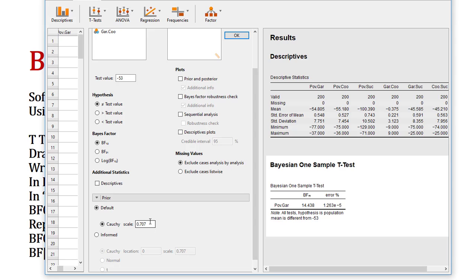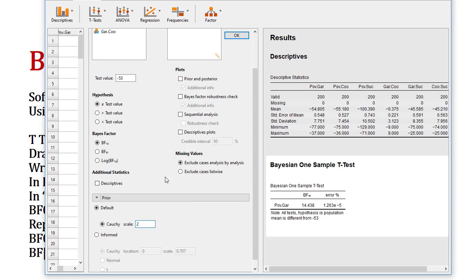And I told you before that the higher this value is, the flatter the distribution will be. The maximum value that JASP allows there is 2. So now the prior for the alternative when we test minus 53 and the prior for the alternative when we test minus 56 will be the same. Then we compare the Bayes factors we obtained.